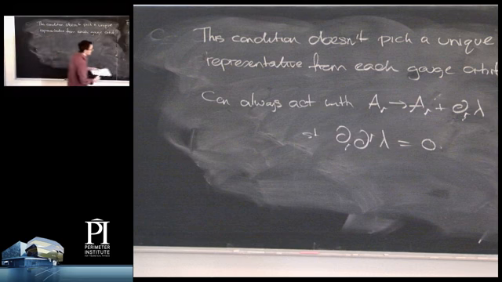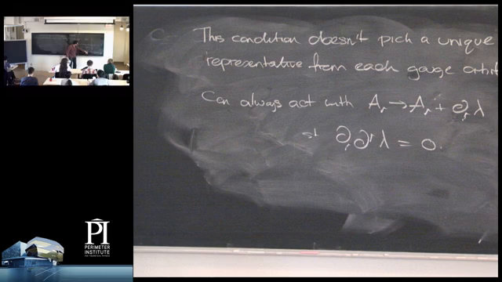And the reason is clear, that we can always act with another gauge transformation where lambda just satisfies d mu d mu lambda equals 0. And there are solutions to that equation because we have signature 1 minus minus minus, so you can basically have traveling waves.